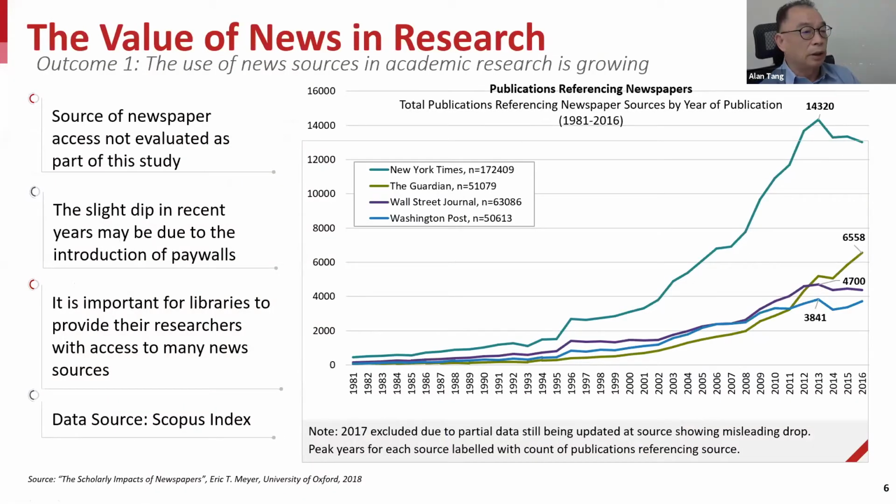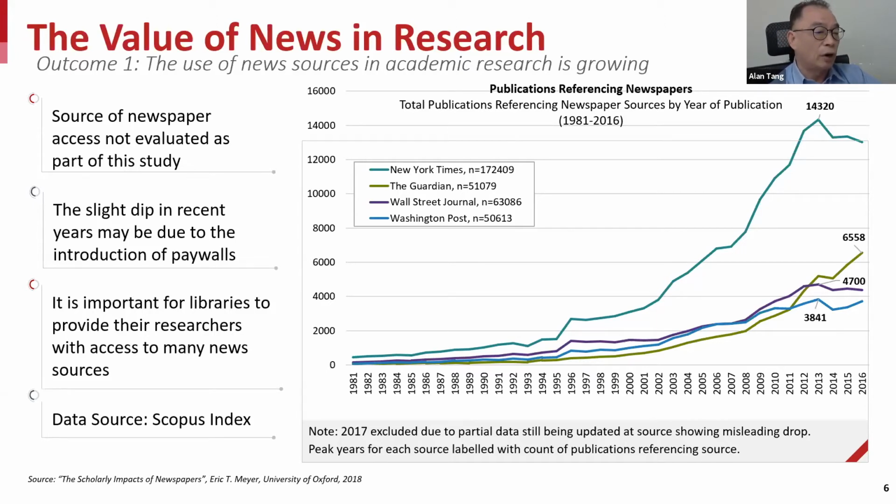Here comes a line chart for those four newspapers. Before we look at the chart, I would like to mention that the sources of the newspapers' assets were not evaluated as part of this study, okay? On the right-hand side of the line chart, there's a slight dip in recent years, which may be caused by the introduction of paywalls, which ask for more money to access newspapers online.